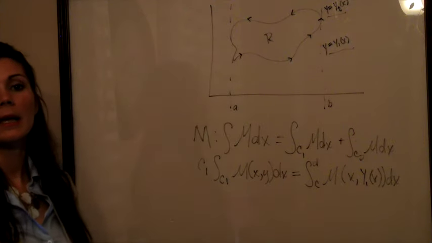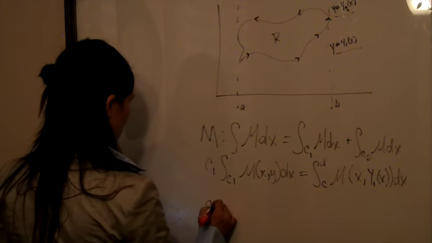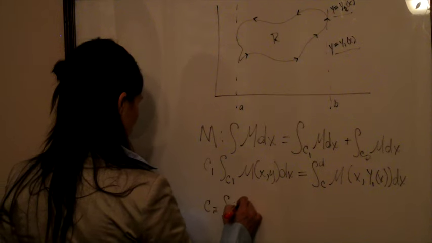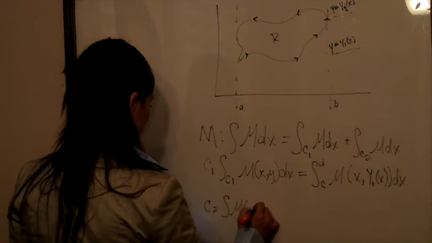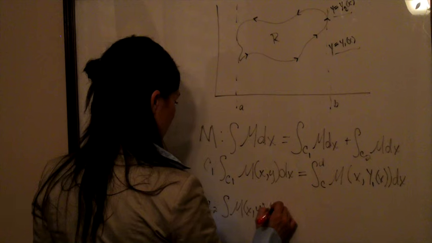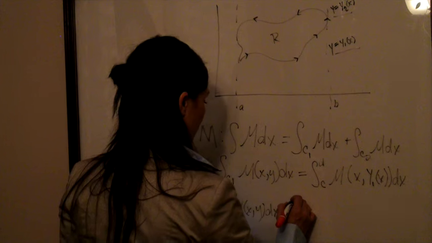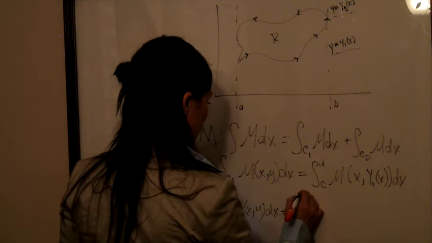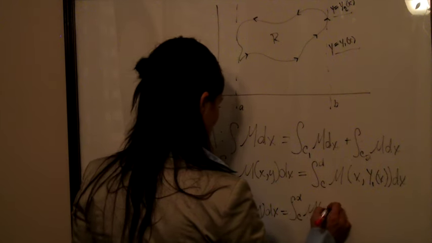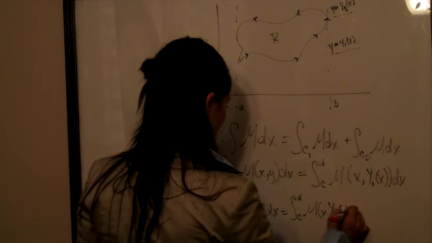And then for the line integral for C2, we have an integral of M(x, y) dx, same as the beginning, which equals the integral from c to d of M(x, y2(x)) dx.